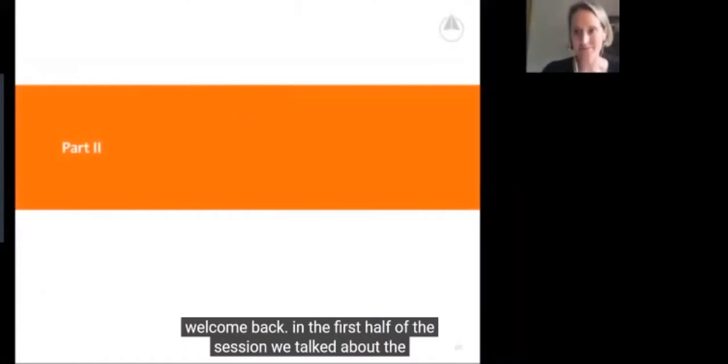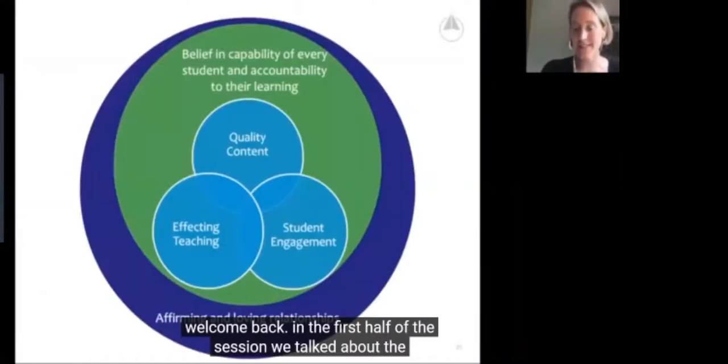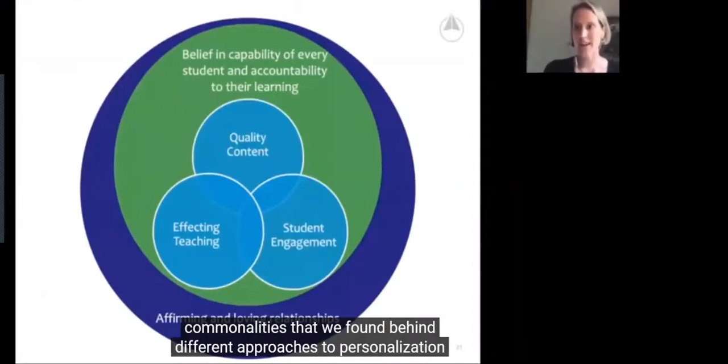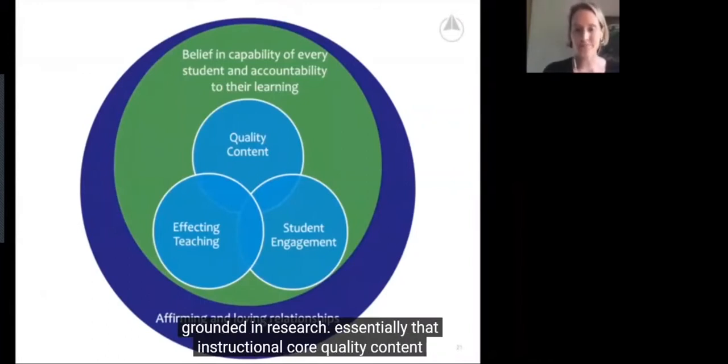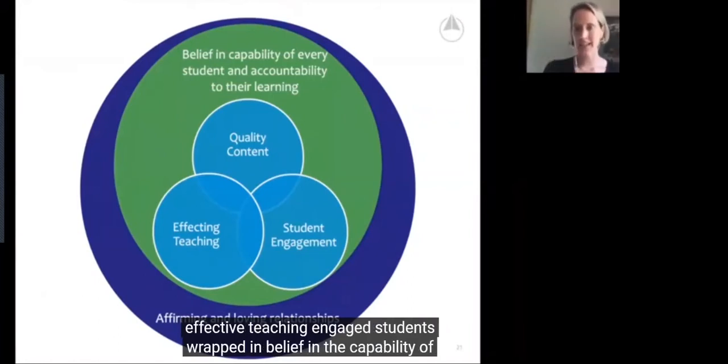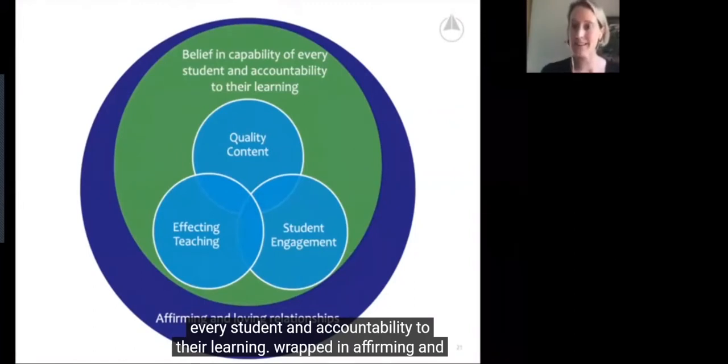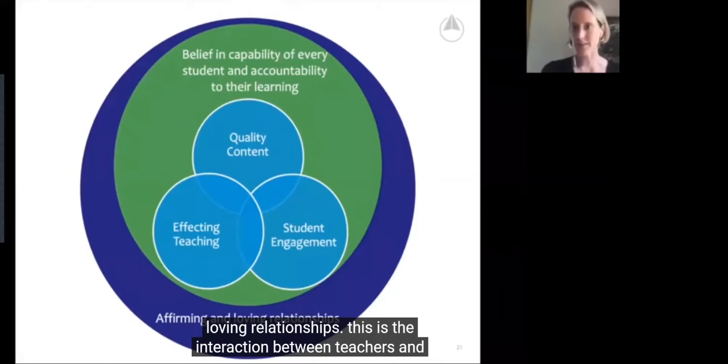Welcome back. In the first half of the session, we talked about the commonalities that we found behind different approaches to personalization grounded in research. Essentially, that instructional core, quality content, effective teaching, engaged students, wrapped in belief in the capability of every student and accountability to their learning, wrapped in affirming and loving relationships.